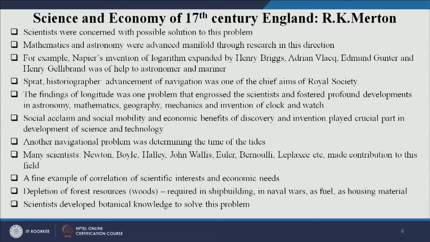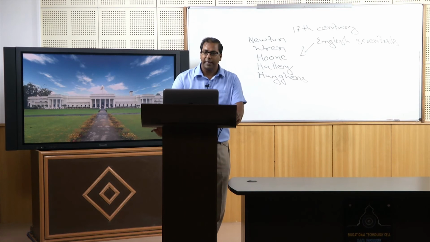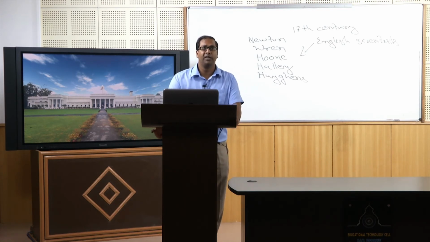Sprat, a historiographer of that era, said advancement of navigation was one of the chief aims of the Royal Society, that is Royal Society of England. What was their intention? Advancement of navigation. Why?